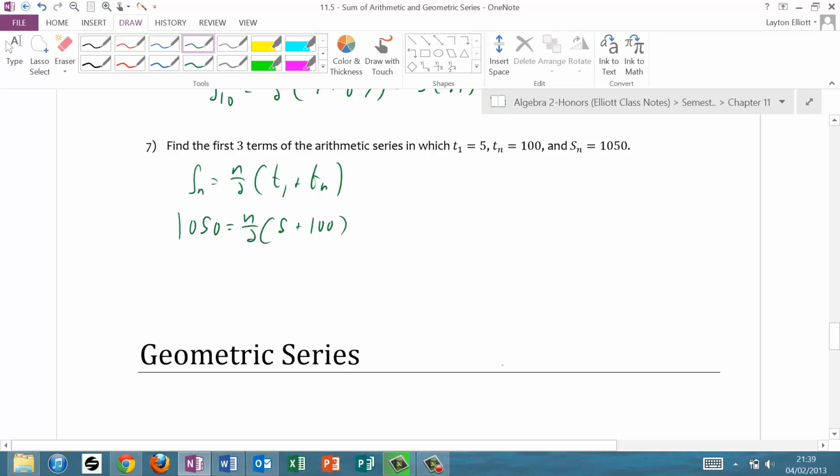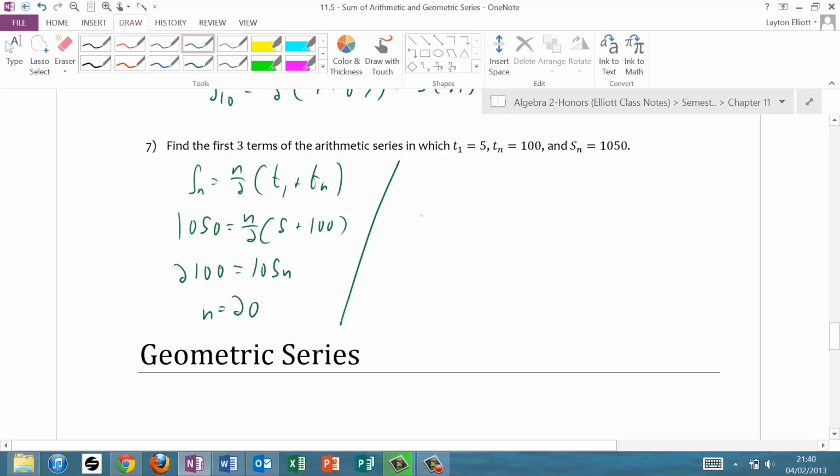If I multiply both sides by 2, I get 2100 equals 105n. So that would be 20. N is equal to 20. Okay, first 3 terms. Well, then we need to figure out what the common difference is.